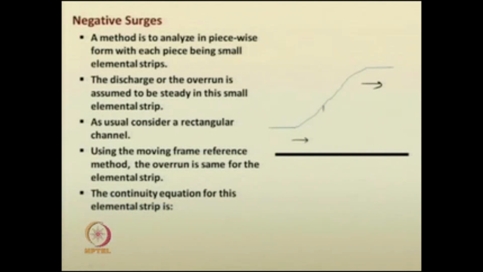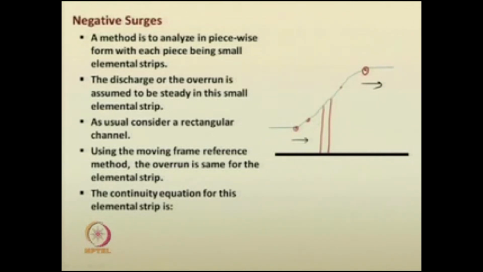I am taking a small elemental strip from the wave. The entire reach of the wave is from this location to this location, as you have previously seen for hydraulic jumps. The velocity of wave at this location and at that location will be quite different. So, we cannot use V w as a constant for the entire wave.